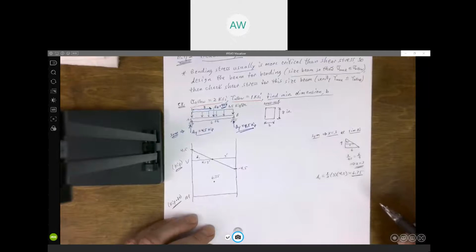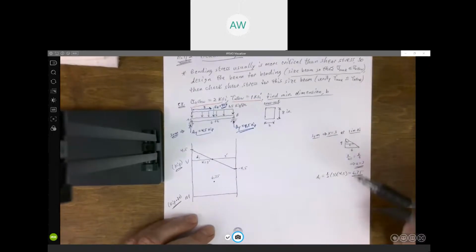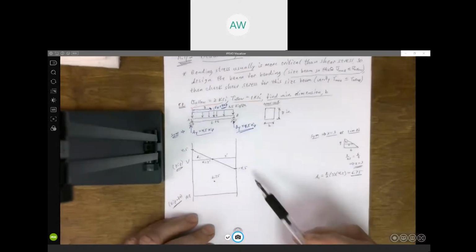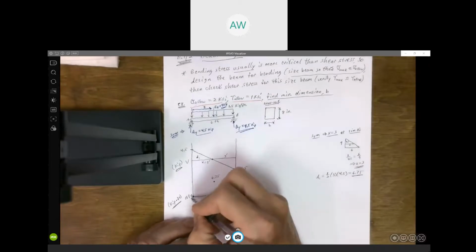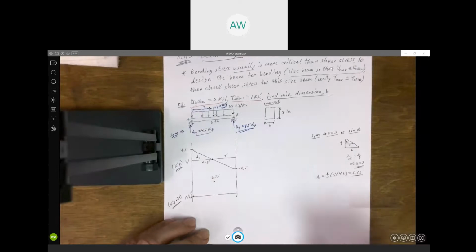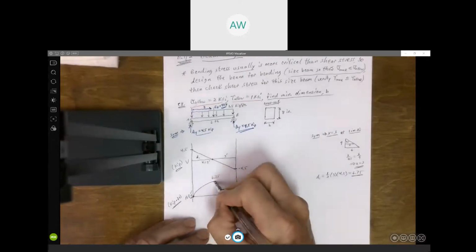Now what the graph looks like is one degree higher. If the shear force is linear, this will be quadratic. So it's a curve. And we also know it's going to be concave down because V is decreasing. So it's going to start at 0, right? Important. If you look at the end of this beam, we don't have a moment. So it's going to start at 0. It's going to be a quadratic, a curve.